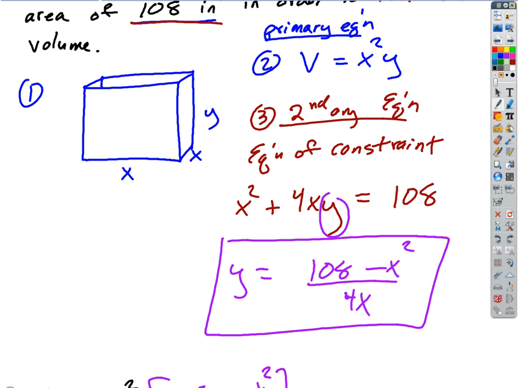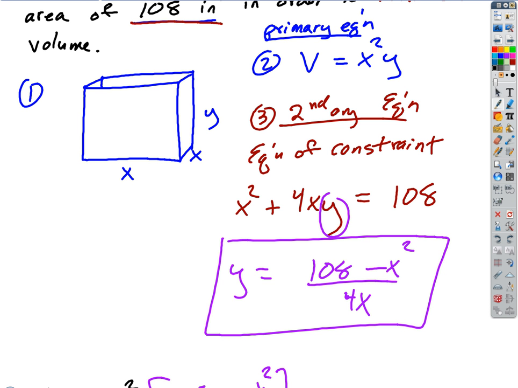Now, what's the smallest that y could be? Could y be 0 in this case? As y shrinks down to 0, what's going to happen to x? It's going to get bigger and bigger, right? But that's okay.